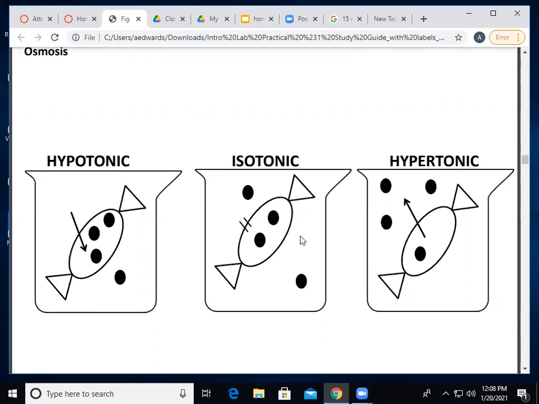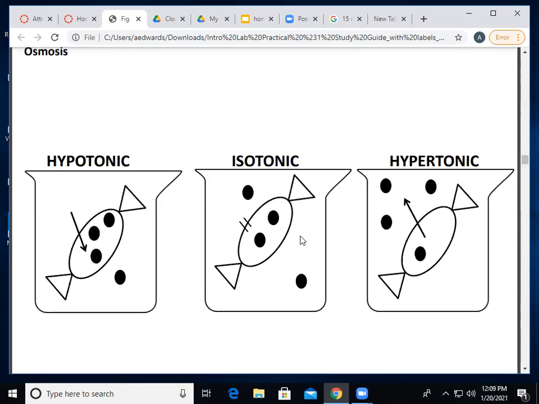If the molecules can't go through the membrane, but water can, water is going to go in, because now there's a higher concentration of water on the outside. So what's happening to the bag? Expands.